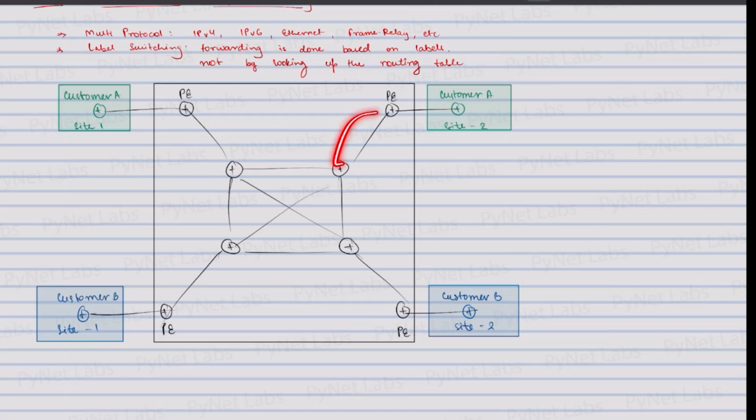But when the provider edge receives that packet, this is the point where the label goes off, okay? And we have to forward it on the basis of the routing table. So only in certain situations would provider edge devices look into the prefix information. Otherwise, the devices in the middle have nothing to do with BGP or any sort of destination IP information.